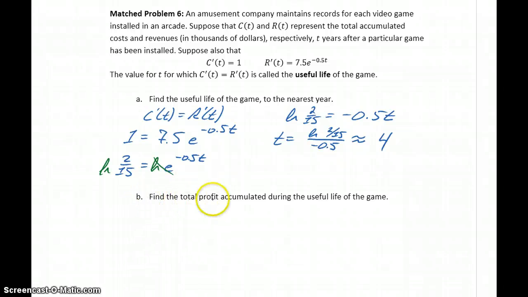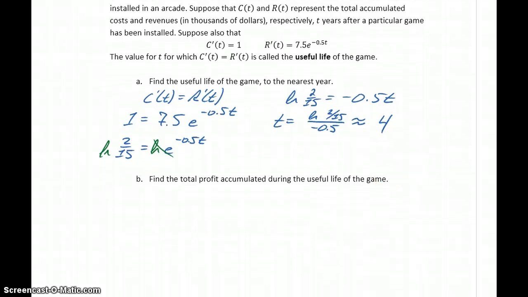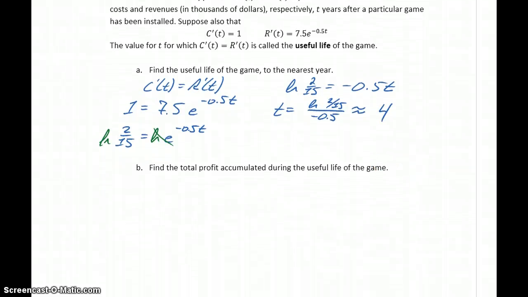Now in part B, we want to find the total profit accumulated during the life of the game. So part A didn't actually require any calculus on our part. Part B will. So if we want to find the total profit that this device is going to generate for us, essentially we want to find our profit function evaluated at 4 minus our profit function evaluated at 0.